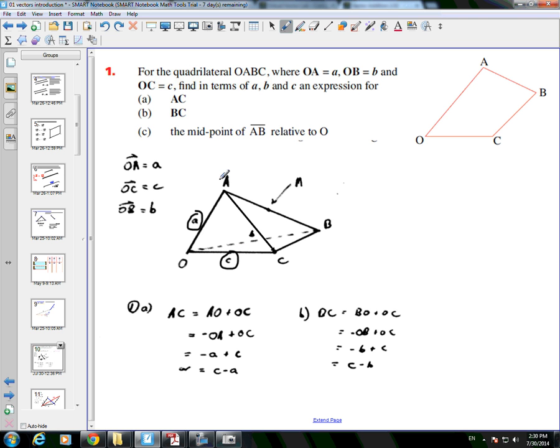If I travel along the road of AO, and then I go to OC, that's going to give me the resultant vector that I want. So here I see vector AC is equal to vector AO plus vector OC. AO plus OC equals AC.